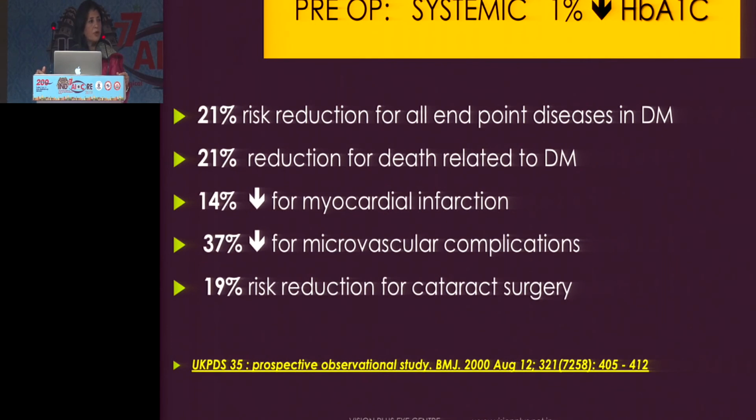So pre-op, we want to look at the HbA1c and we want to reduce it, and it's been shown that a 1% reduction in the HbA1c helps to reduce the risk for the other complications, and especially for cataract also, it's shown that the patients do not advance to cataract surgery.